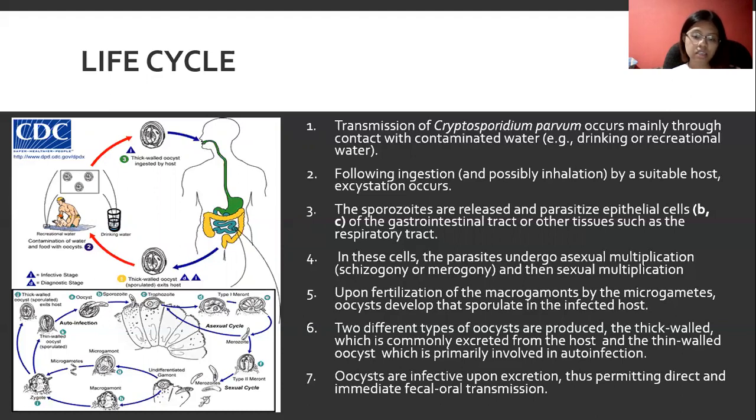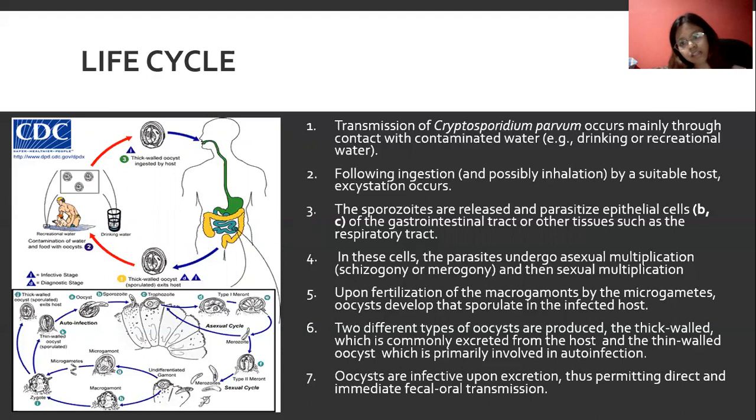Upon fertilization of the macrogametes by the microgametes, oocysts develop and sporulate in the infected host. Two different types of oocysts are produced: the thick-walled, which is commonly excreted in the host, and the thin-walled, which is primarily involved in auto-infection.